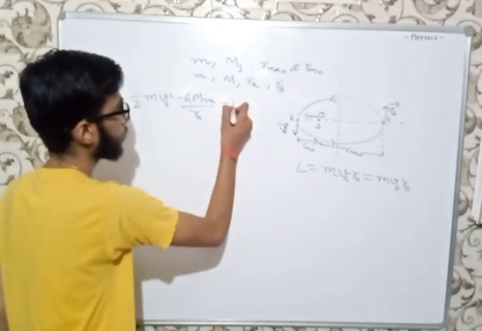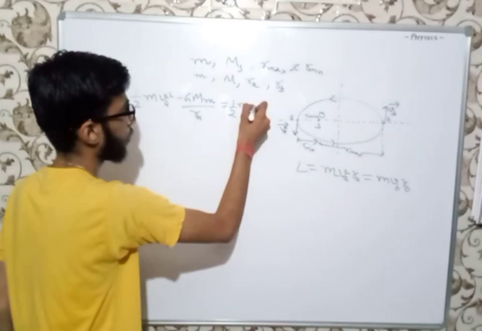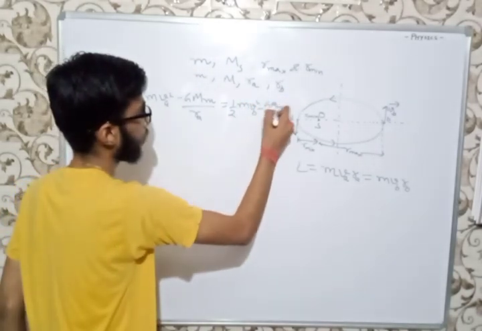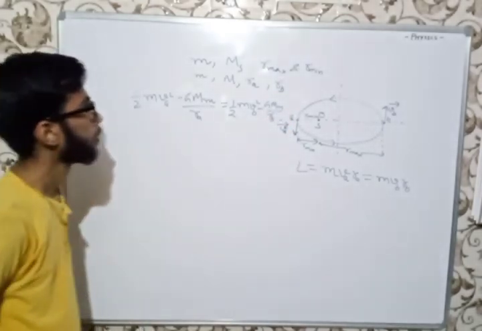At point B, the kinetic energy is half m V_B square minus G M m upon R_B.